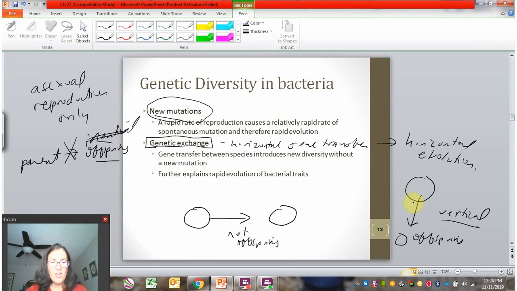That's what we see in all living things. Some bacteria and archaea are capable of this horizontal transfer or this genetic exchange to organisms that are not offspring. And so if this bacteria has some mutation, it's able to pass that mutation to organisms that are not its offspring. Again, this is only happening in a limited number of organisms. It does not happen in organisms like us.